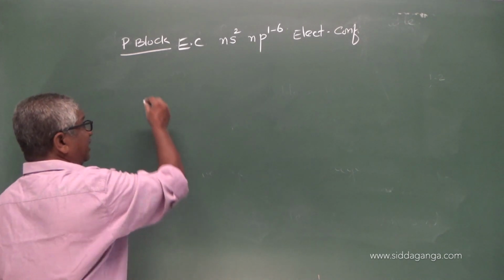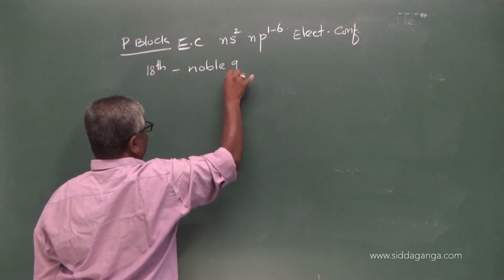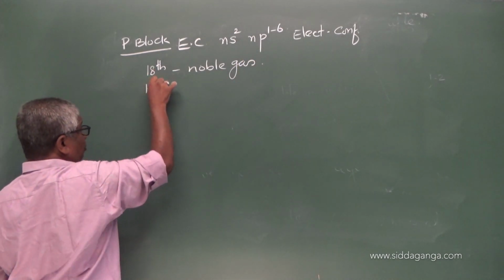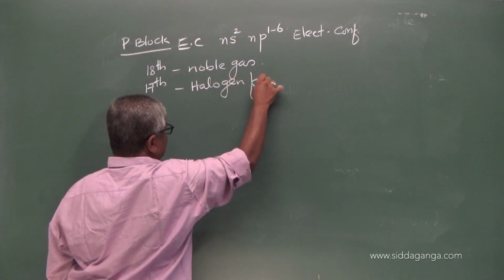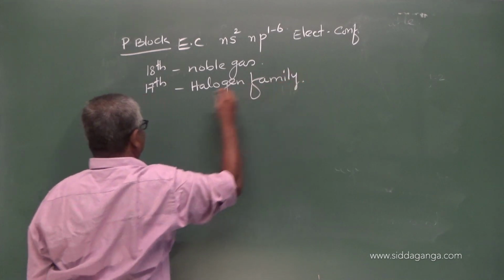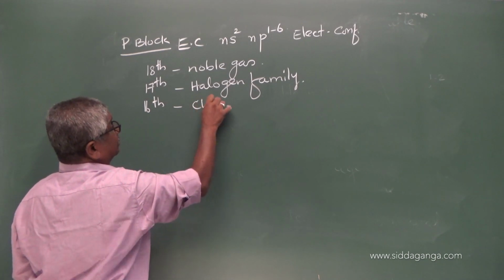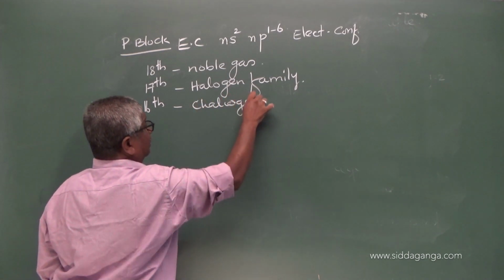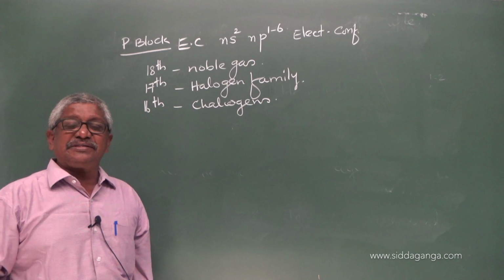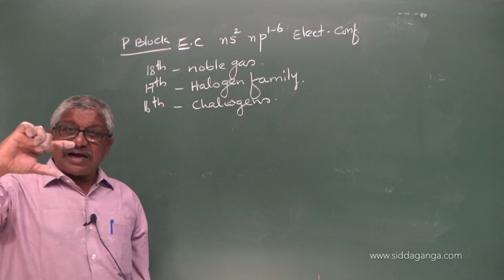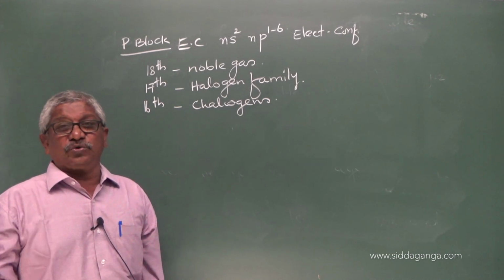In the P block elements, the 18th group is called noble gas. The 17th group is the halogen family. The 16th group is the chalcogens. Chalcogens means these 16th group elements combine with other elements to form minerals or ores.